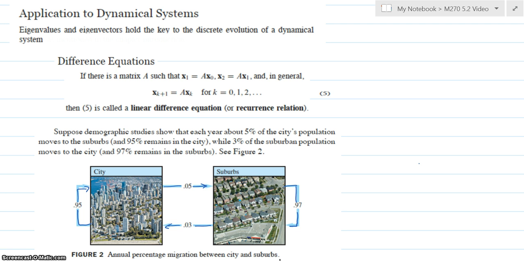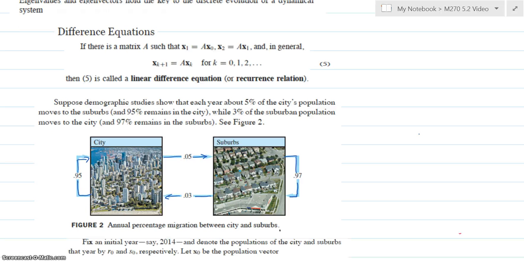We are ignoring, for simplicity, all other influences on the population, such as births, deaths, migration into or out of the city-suburb region. So this is it. What we're going to do is fix an initial year, say 2014. Assume that that is given. And we're going to denote the population of the city and suburbs in that year by R naught and S naught respectively. So R naught will be the city and S naught will be the suburbs.